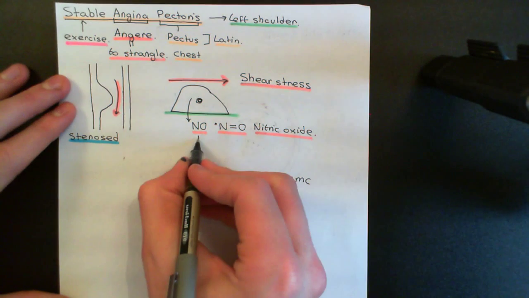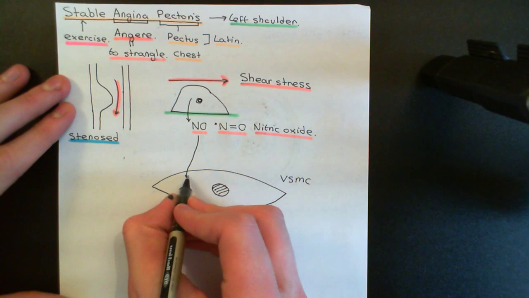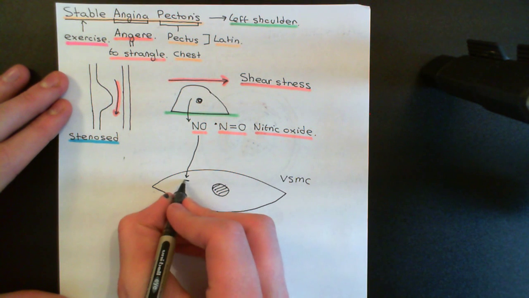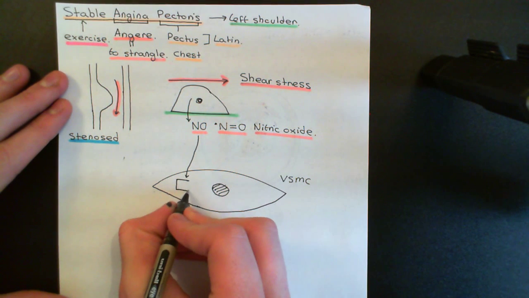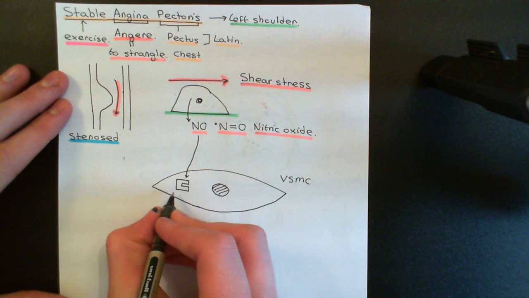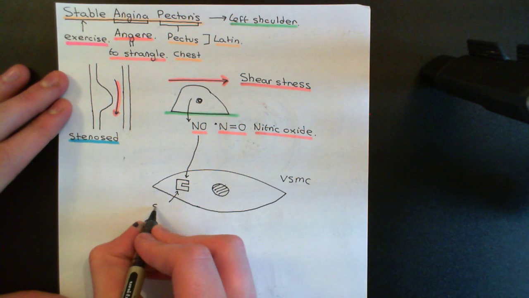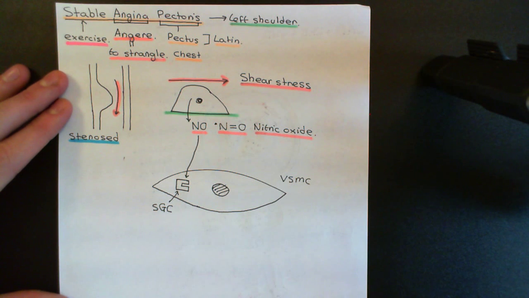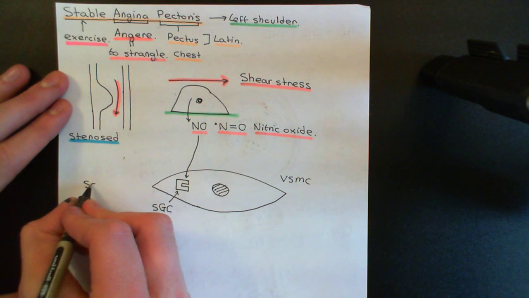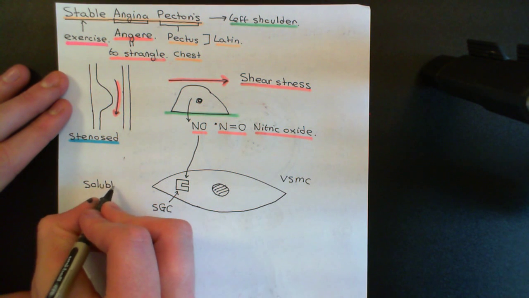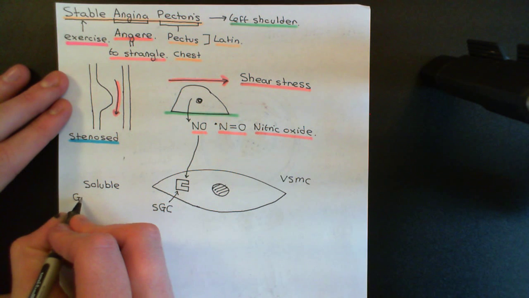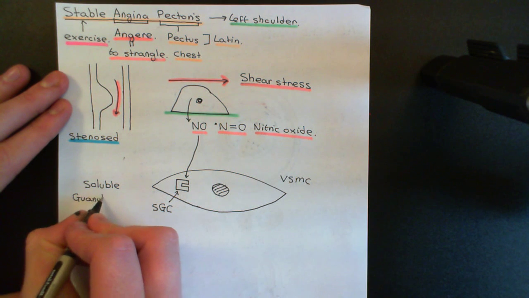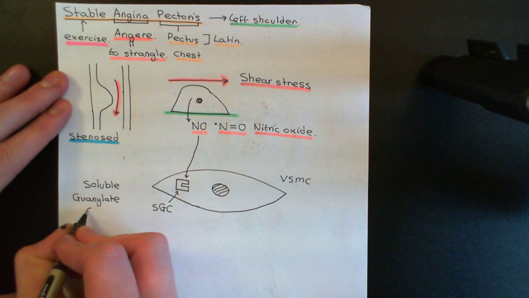So nitric oxide will arrive in the vascular smooth muscle cell, and there it's going to activate an enzyme, which I'll draw here, like so, which is known as the soluble guanylate cyclase enzyme, and for short this is abbreviated down to sGC. So this stands for, the little s is for soluble, okay, and the GC is then for guanylate and cyclase.